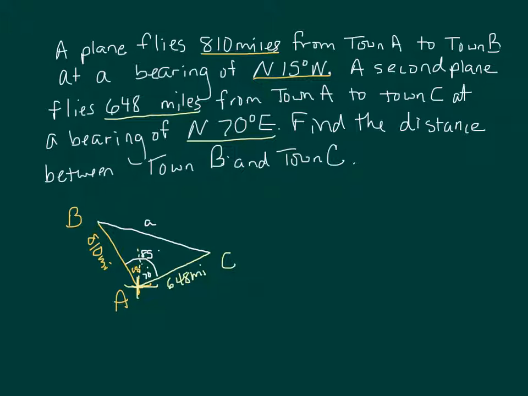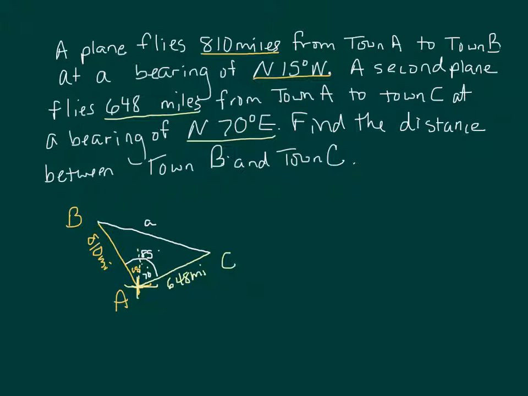Now when you look at this, I have a side, I have another side, and I have an angle between them, and I don't know the opposite side. So this one is side, angle, side. It does not give me an opposite pair, which means I have to use the law of cosines.